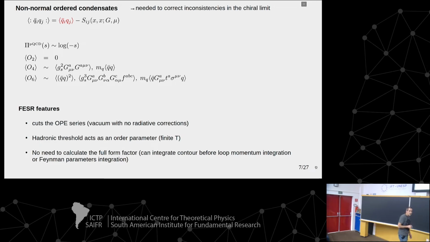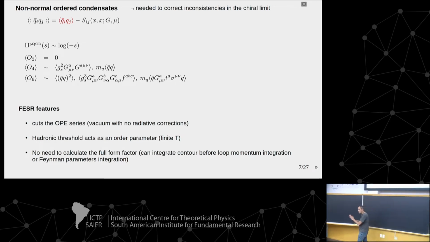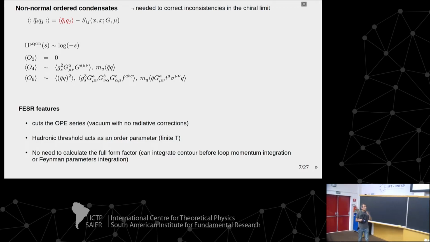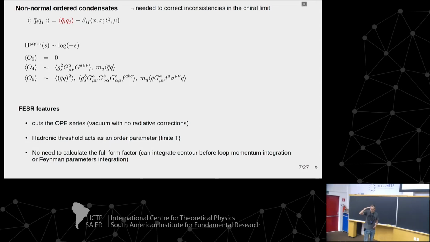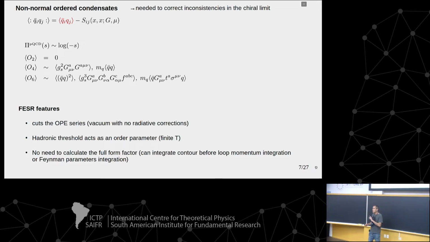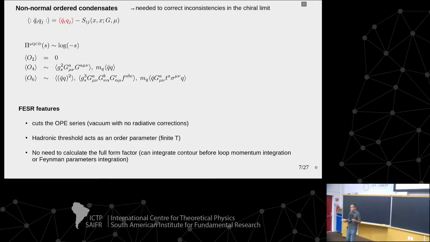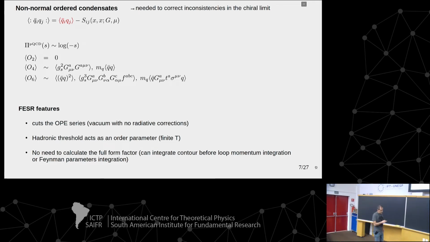At finite temperature, the hadronic threshold decreases, with a shape similar to the Polyakov loop. Also, there is no need to calculate the full form factor because we can integrate the contour first. That's a technical fact, but it really simplifies calculations.